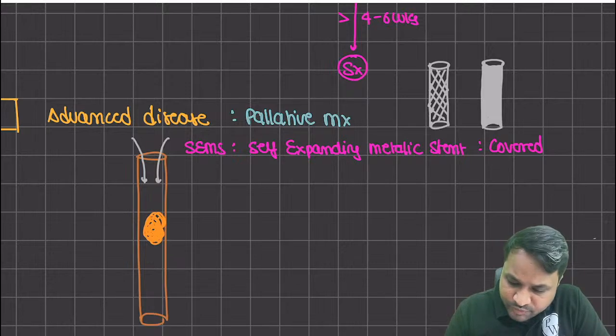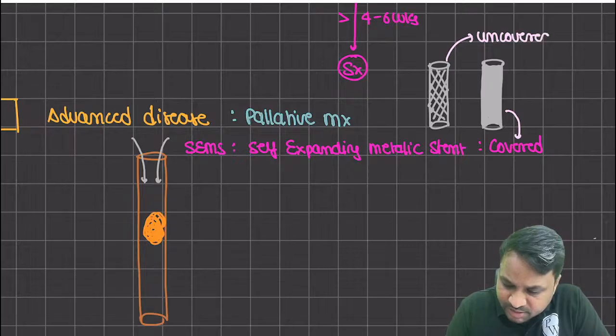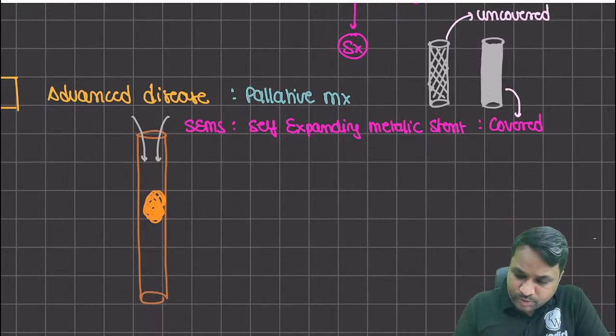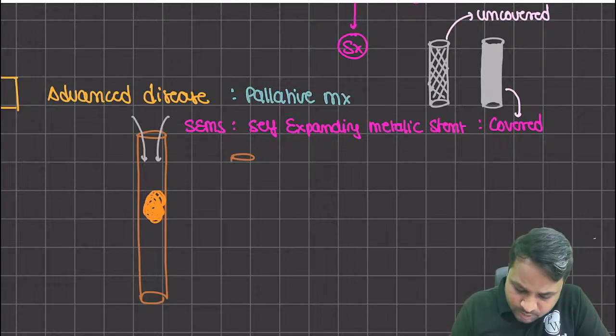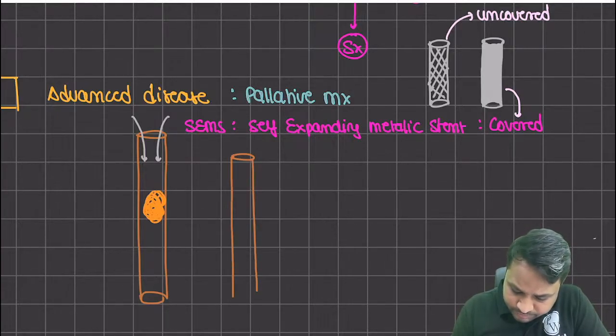So as you know, there are two different stents that you have. This is a covered stent. This is an uncovered stent. So what I'm going to do is install a covered stent into this.